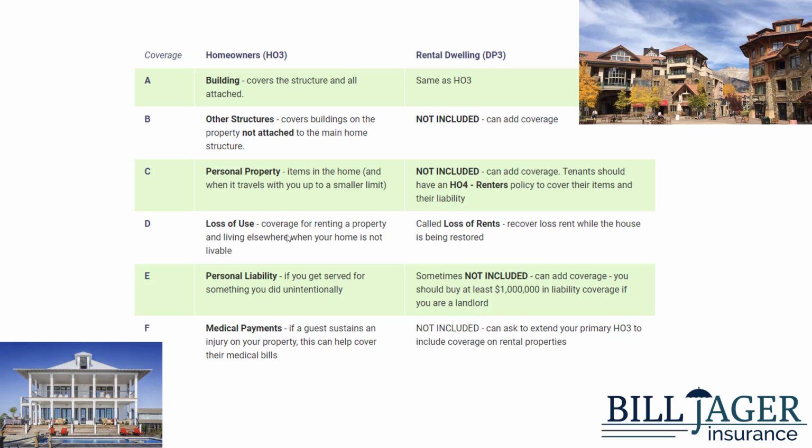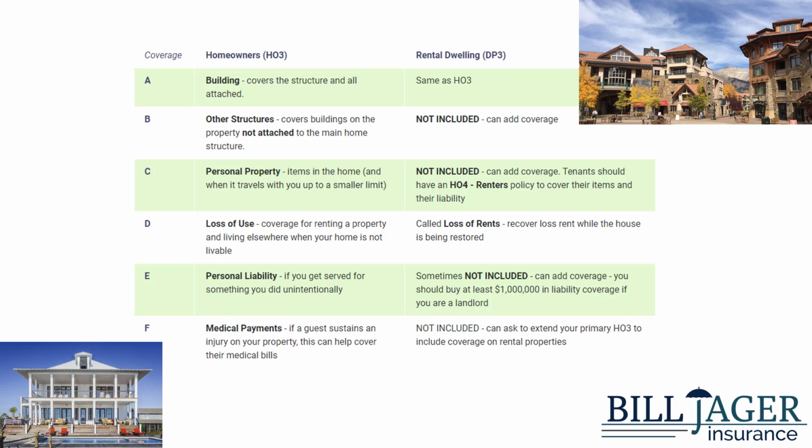That's loss of use. But over on the rent side, it's called loss of rents. It helps you recover the loss of rents while that structure is being rebuilt. As a landlord, that's a pretty important coverage, but they sort of act the same.